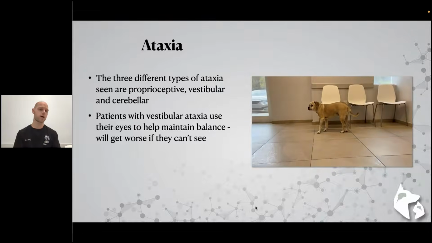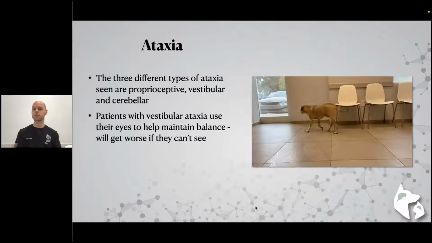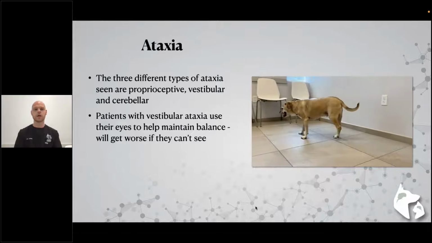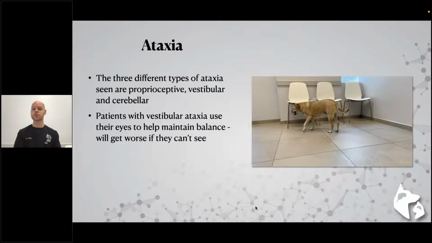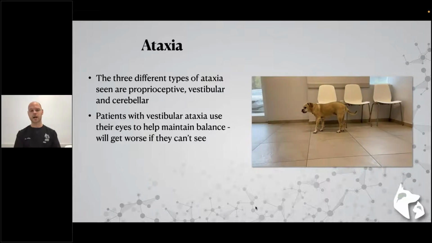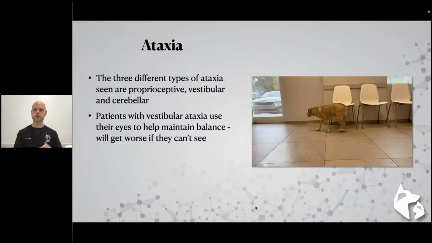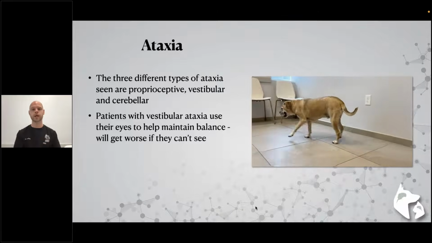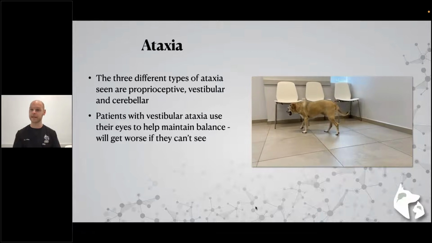So a lot of times we do have a crossover between the two, depending on where the lesion is. And again, patients with vestibular ataxia use their eyes to help maintain balance. So if it's really subtle and you can't tell, if you blindfold the patient, it may get worse.